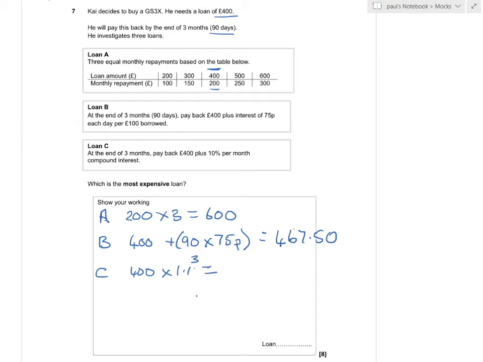So 400 times 1.1 to the power of 3. That is 532.40. So that one is 532.40.